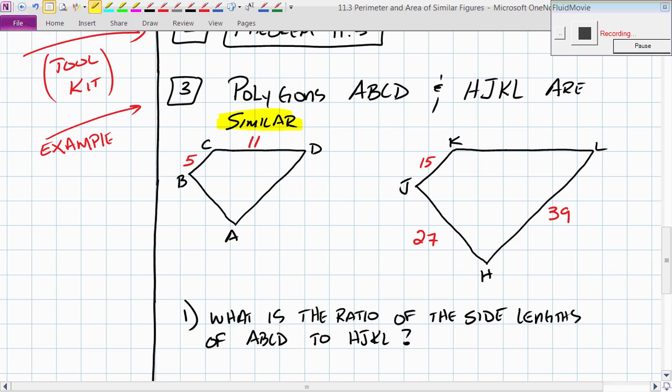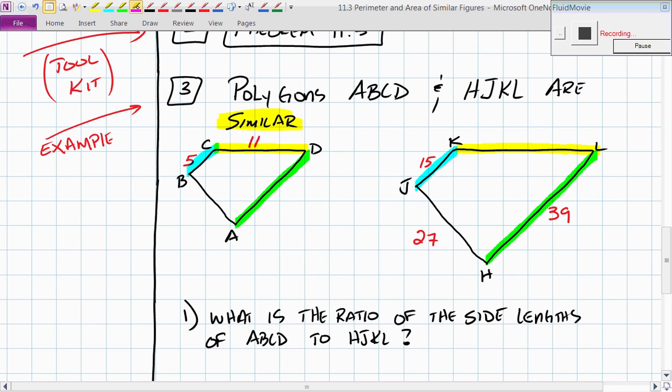And they tell me some information about the side lengths. They tell me that from B to C is 5, and from J to K is 15. They tell me that C to D is 11, but they don't give me K to L. They tell me that HL is 39, but they don't give me AD.